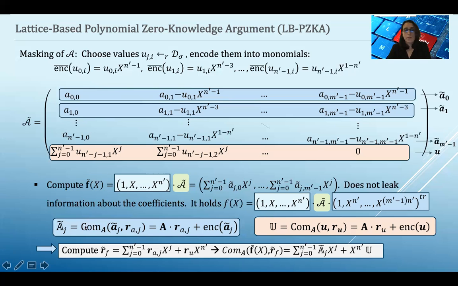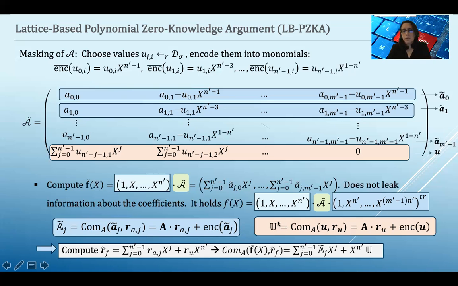Then we compute the commitment to each row by picking a randomness for each row, R_j, and the commitment is computed as A times R_j plus the encoding of the masked row.